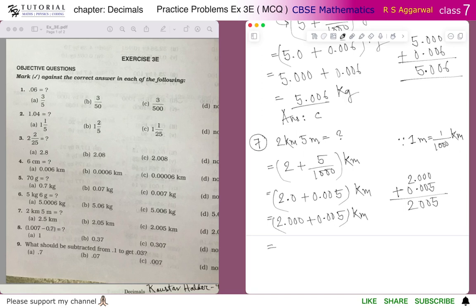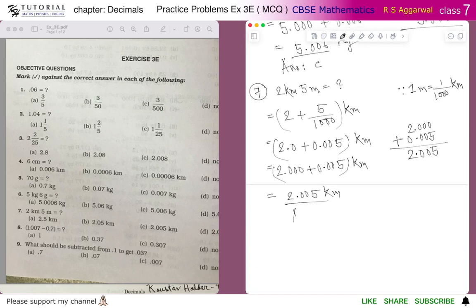Now in the result you put the decimal point 3 digits from the right, because the decimal places of the two decimal numbers is 3. So 2.005 kilometer is the answer. So the answer is choice C.